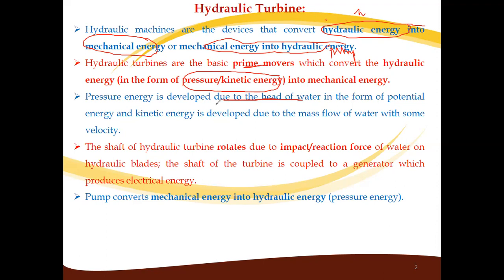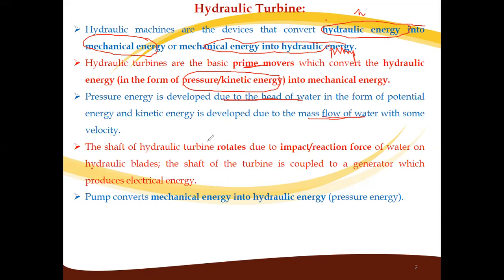So the potential energy gets developed in that dam, and after that potential energy gets converted into kinetic energy when the water is flowing through the penstock and to the turbine. So pressure energy is developed due to the head of the water in the form of potential energy, and kinetic energy is developed due to the mass flow of water with some velocity.